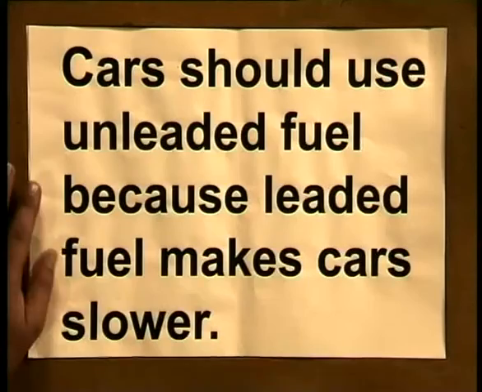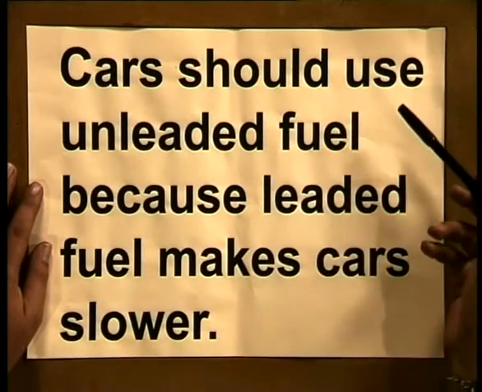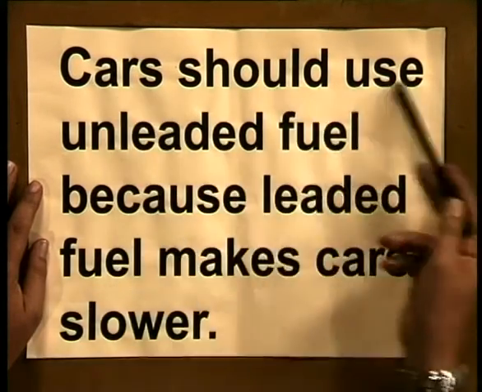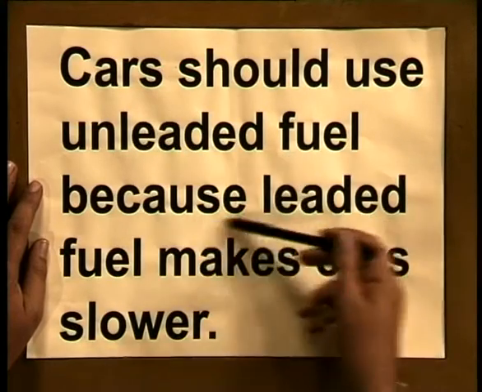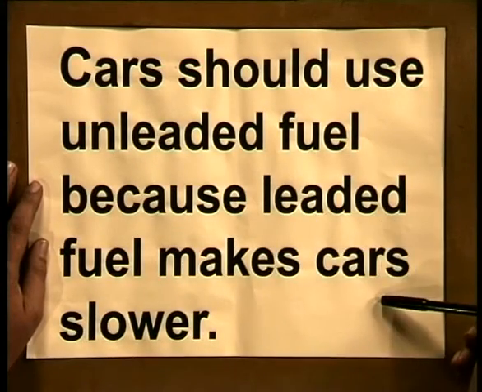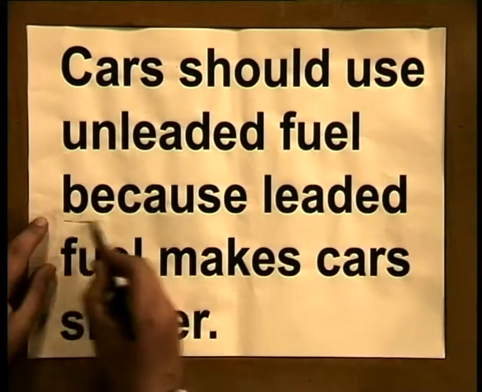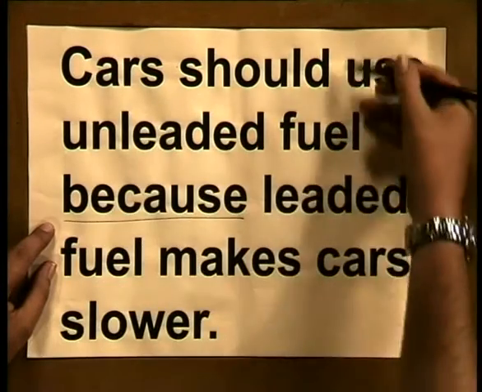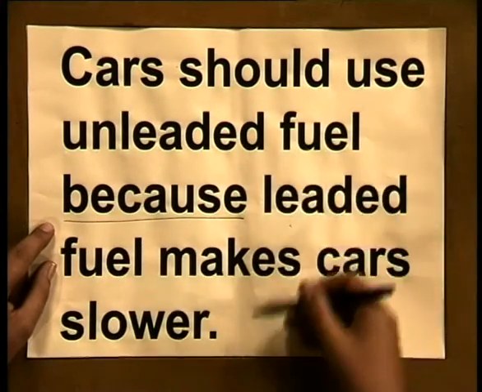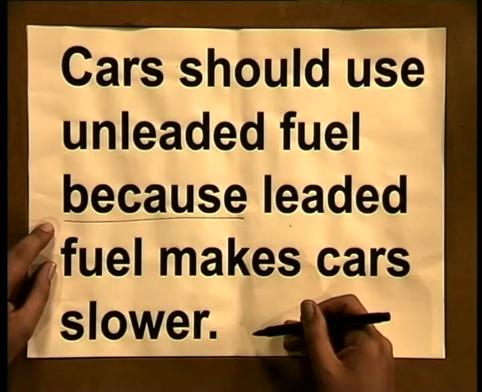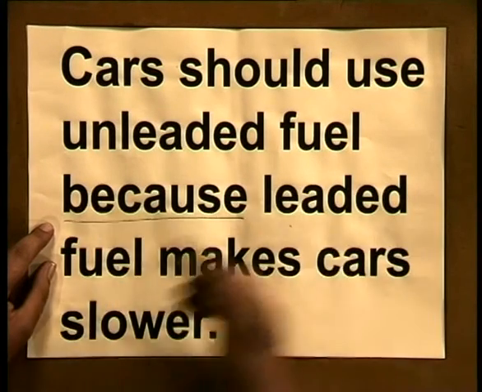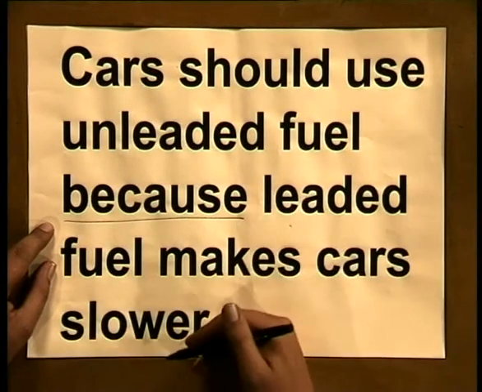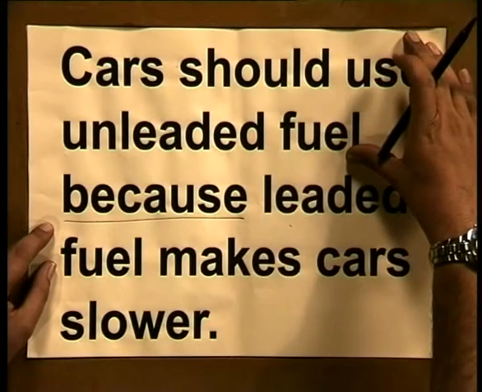So they're the transition words, the ones which join claim to conclusion. Here is an example we could look at. Read with me. Cars should use unleaded fuel because leaded fuel makes cars slower. Here, the because. Be very aware that that because links your claim to what is technically a conclusion. There are valid reasons here. Leaded fuel makes cars slower, given for our first statement.